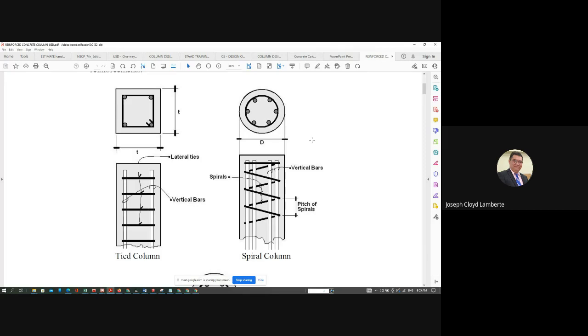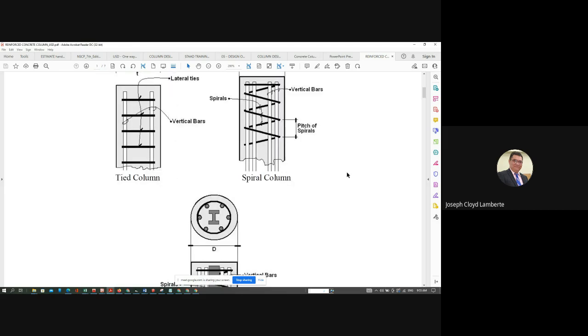So it is called ties, no? While in the spiral, it is really a spiral, like a spring, and closely spaced. We will discuss later its requirements.